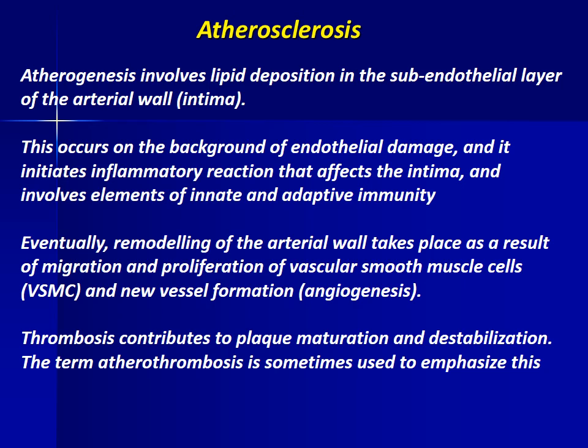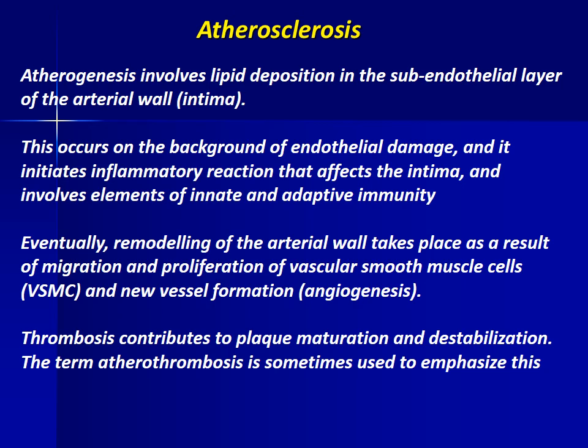Atherogenesis involves lipid deposition in the subendothelial layer of the arterial wall, the intima. This occurs on the background of endothelial damage and initiates an inflammatory reaction that affects the intima and involves elements of innate and adaptive immunity.